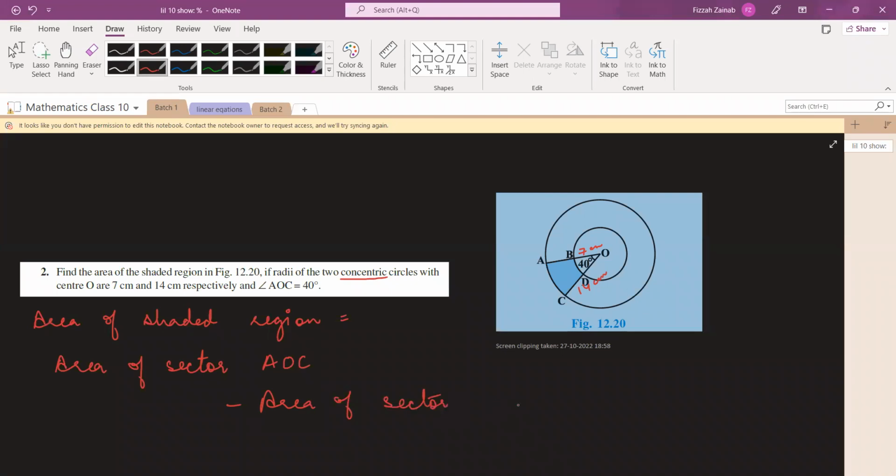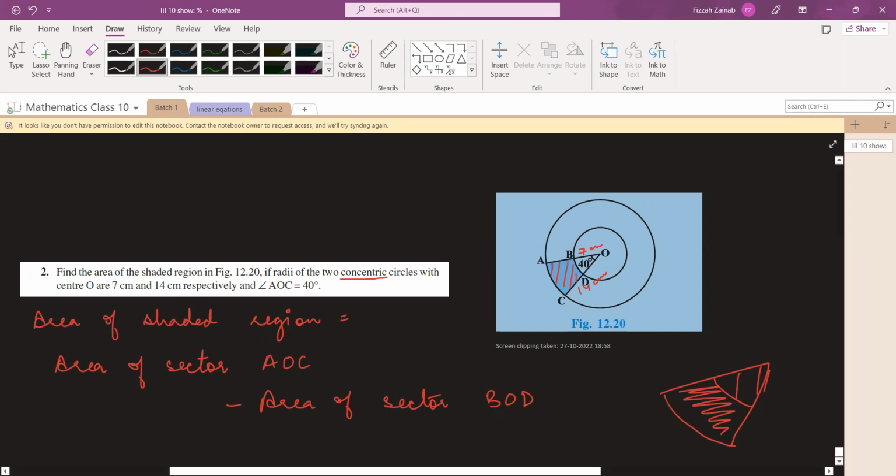Is that okay? So this complete sector, you are subtracting this much. So you will get the area of the shaded region, right? So I'm minusing the small sector from the big sector. So basically this area you have to find, the shaded one. Both are 40 degree, because they have the same center. So only the radii is going to change. That's it.